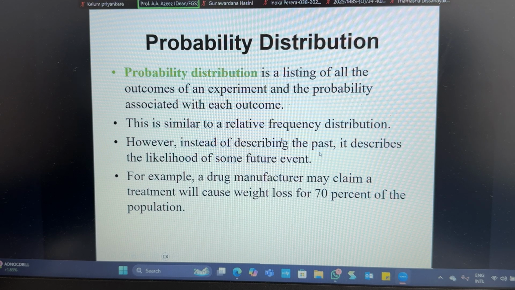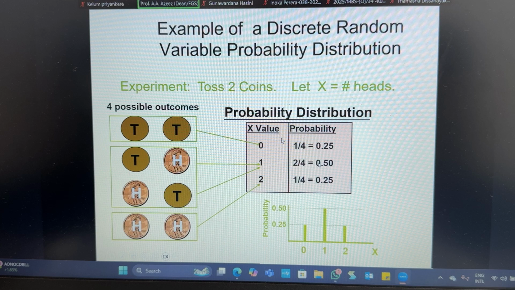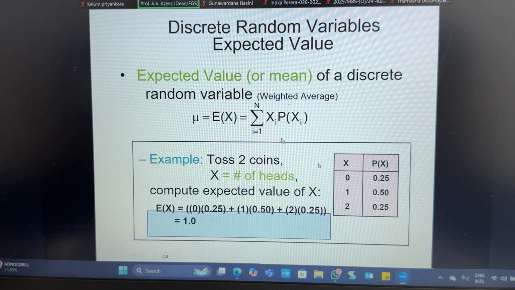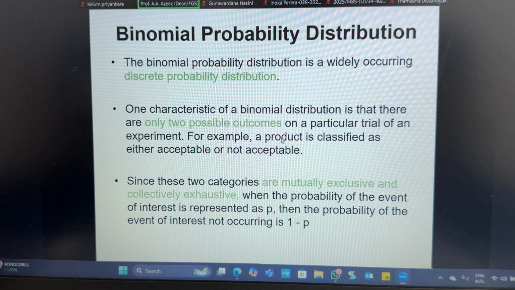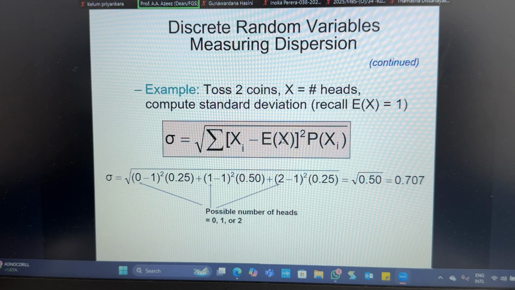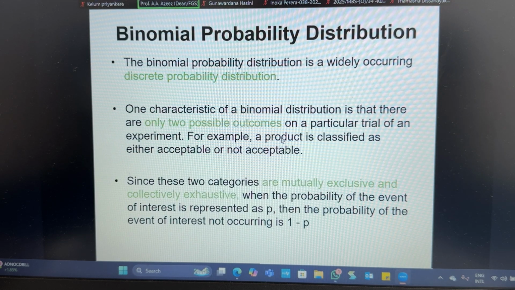Can somebody tell me last time where we stopped? The probability distributions, where we stopped. Did we do this binomial distribution?